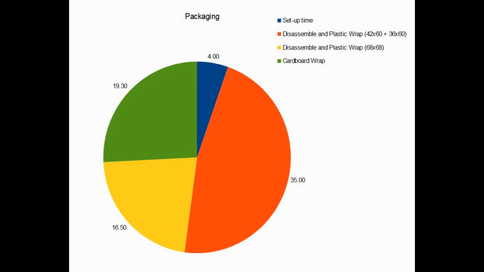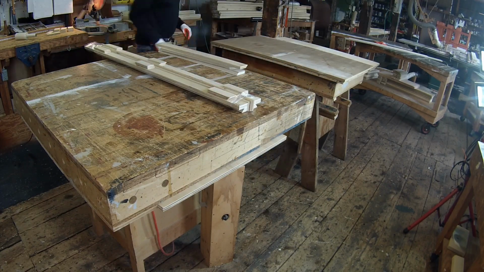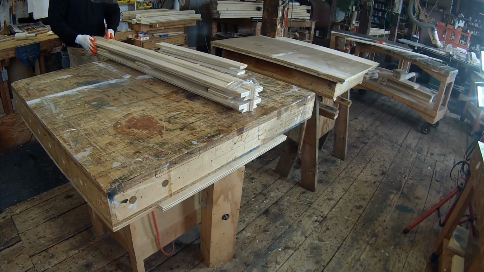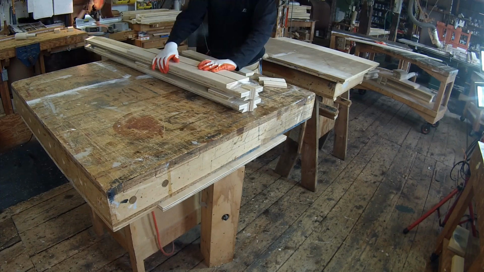So this is the packaging step for all 3 frames. Setup time just involves cleaning up and getting materials out for packaging. And the largest chunk of time here was just getting the parts together with the plastic wrap and bundling it up, and it's like trying to fit a puzzle piece together to make sure that everything is secured and doesn't get damaged in shipping.